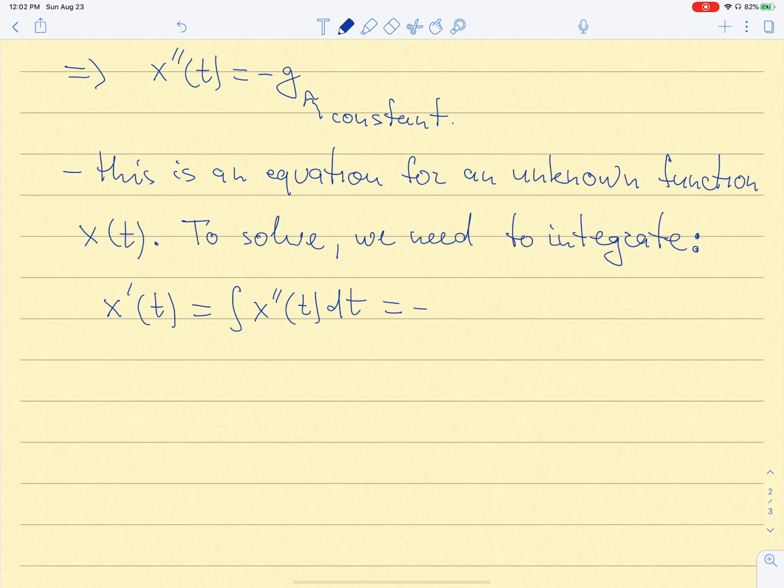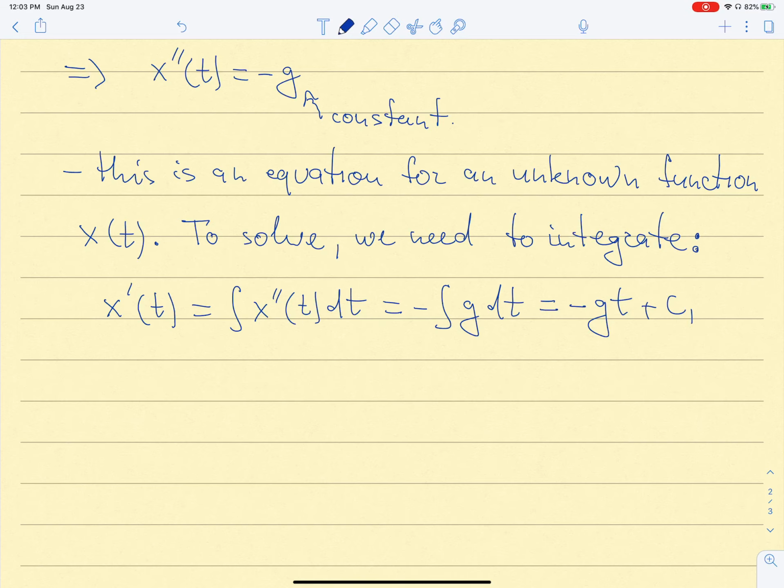So this is minus integral of g dt. And g is a constant, so integral of a constant is that constant times t. So minus gt plus some constant, which I'm going to call c1. Okay, but the goal is not to find x prime of t.